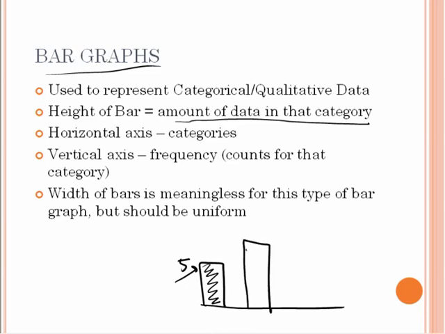If this bar is a height of 7, that means there were 2 more in this category than in this one. The vertical axis is the frequency, the counts for that category, and the width of the bars is meaningless. It just needs to be wide enough that you can see it, but it should be uniform, so try to keep the width the same throughout.